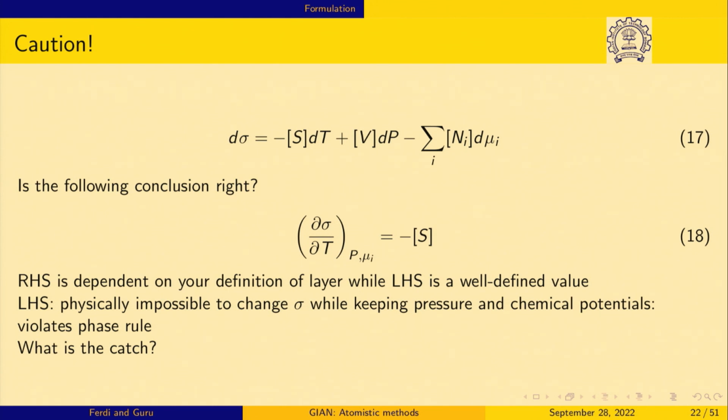Now, you have to be careful here, because in this Gibbs-Duhem you might think that dou sigma by dou T at constant pressure and chemical potential will give me the entropy. You can see immediately that expression 18 is wrong, because on one side I have a quantity evaluated over some slice, some extensive quantity which depends on the slice, and on the other side I have a sort of state property.